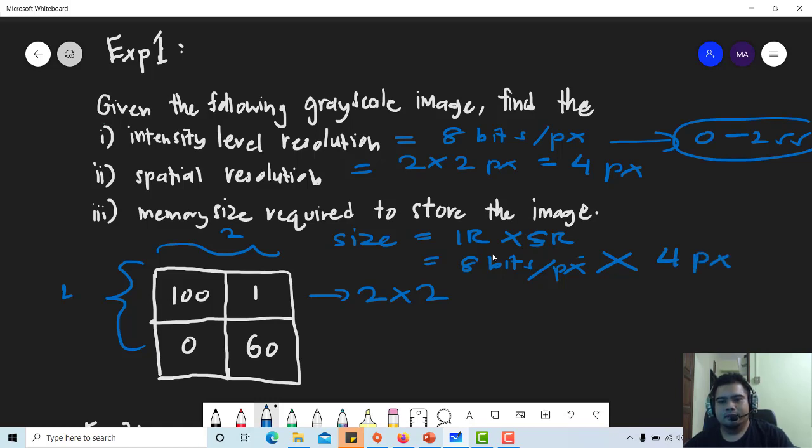If you cancel the pixels, then you get 36 bits. That is the size.